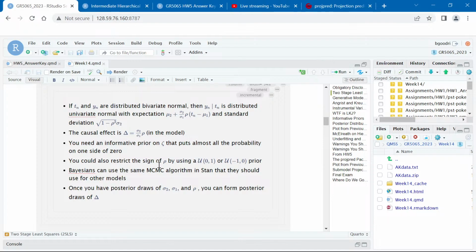I said you're going to want to have, or really should have, if you're using this sort of thing, an informative prior on the coefficient that relates the instrument to the treatment variable.